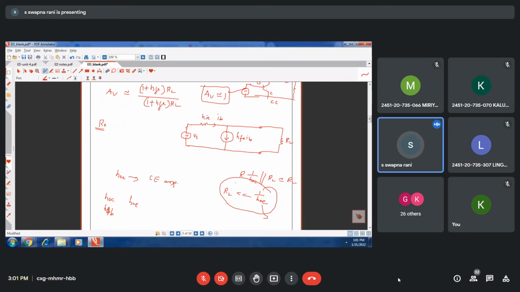Among these three, this condition is satisfied only in common emitter. So the approximate model can be derived only for common emitter. Using that, we realize the remaining transistor configurations. It is not that we can simply remove one and put another. The condition is satisfied only in the approximate common emitter amplifier, because the HOE value will not be the same for all three transistors. So only in CE will the parallel combination of RL and 1 by HOE be approximately equal. Therefore, the approximate model is derived from the common emitter amplifier.